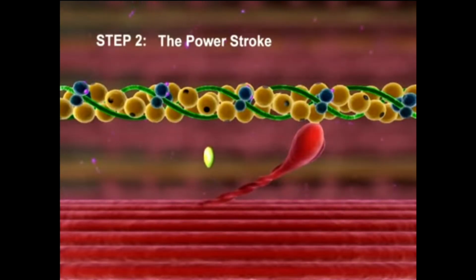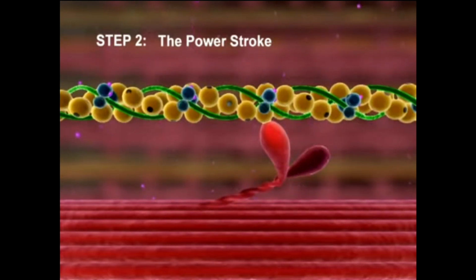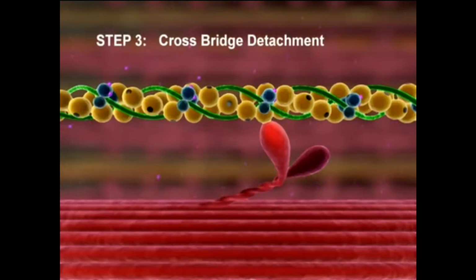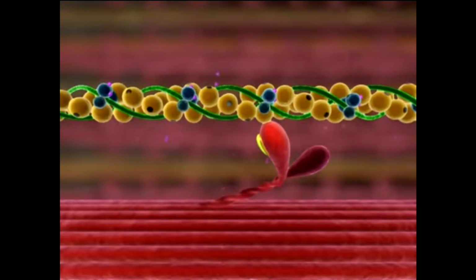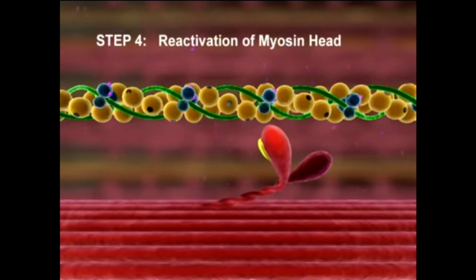ADP is released and the activated myosin head pivots, sliding the thin myofilament toward the center of the sarcomere. Step 3. Cross-bridge detachment. When another ATP binds to the myosin head, the link between the myosin head and actin weakens, and the myosin head detaches. Step 4. Reactivation of the myosin head. ATP is hydrolyzed to ADP and inorganic phosphate.